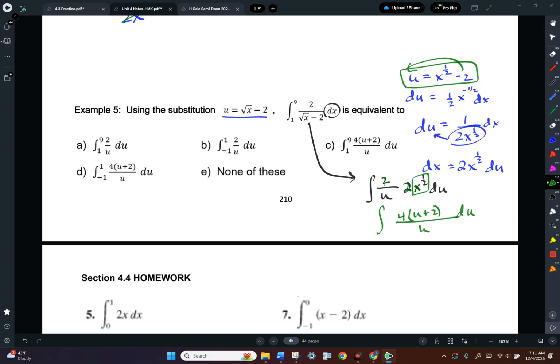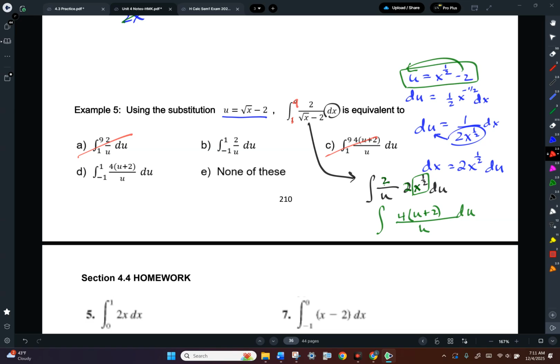Now the only thing I have to worry about are the boundaries. Well, since I have u variables, I can't use x boundaries. In fact, on these kinds of multiple choice, you could immediately say, well, hey, look, since the x boundaries are 1 and 9, it can't be that, and it can't be that, because they have u variables with x boundaries. Okay, so I'm assuming, because of looking at the answer choices, that when I change it to u boundaries, it's going to be negative 1 and 1.